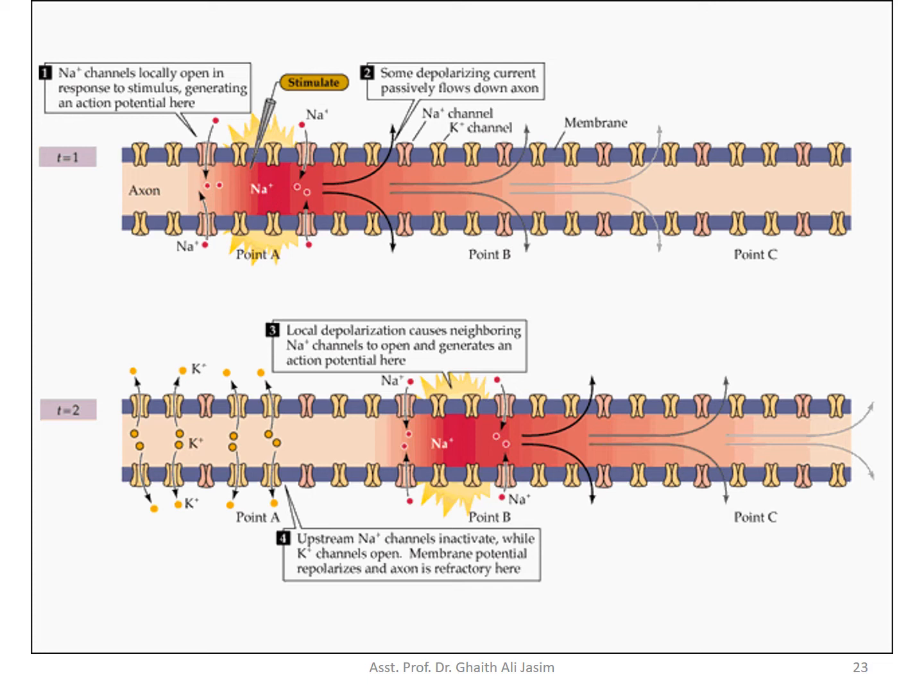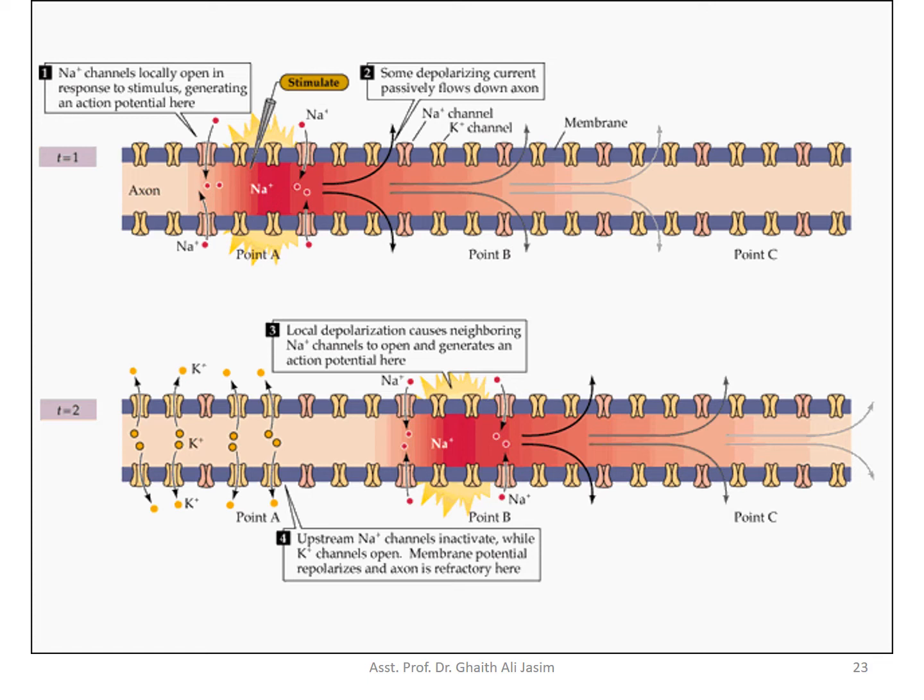Number 2, some depolarizing current passively flows down the axon from the deep red towards the lighter red color. In the image below, number 3, local depolarization causes neighboring voltage regulated sodium channels to open and generates an action potential in the adjacent segment.